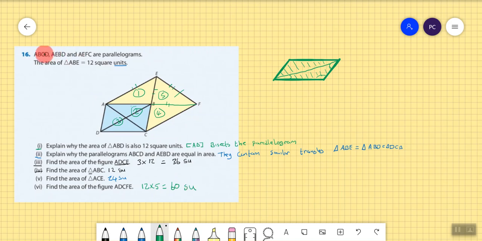It's basically calculating the area of different sections within this shape. A lot of the shapes are parallelograms, and when you bisect a parallelogram, meaning draw a line from one corner to the other, you create two equal triangles. Okay, so that's that question, and that's question 16.